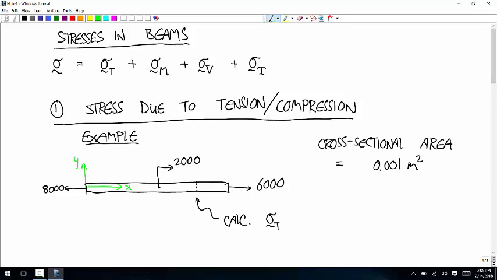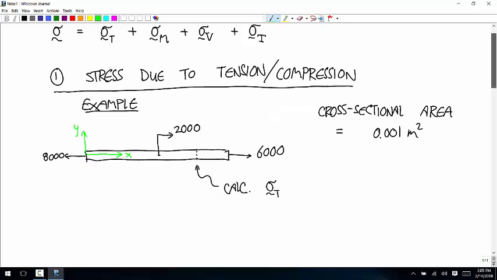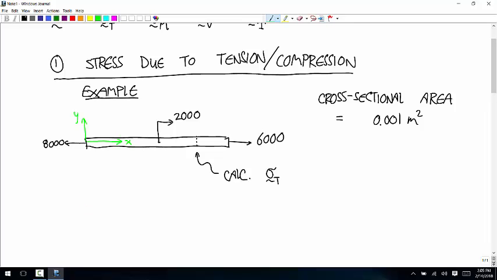And the stress is going to be the same everywhere on that surface. The x normal stress, so sigma xx, is just going to be equal to the tension divided by the cross-sectional area. We use this same formula when we were doing the stresses in like truss members.